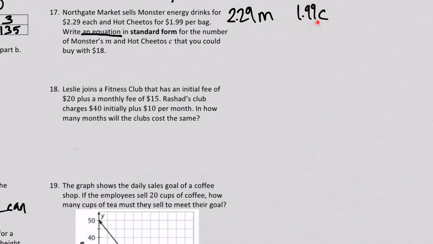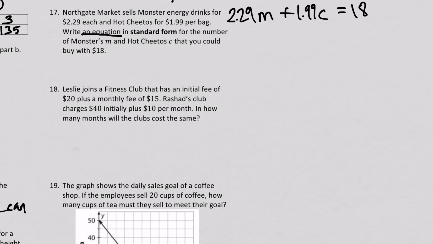This represents the total cost of all the Hot Cheetos you buy. So you want to find the total cost between both of them, you add them together. Okay, and it says that you have $18 to spend. So you want to spend exactly $18. You say the cost of the Monsters plus the cost of the Cheetos is going to be equal to $18.